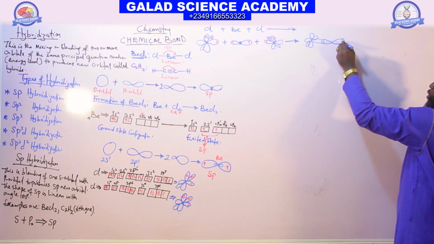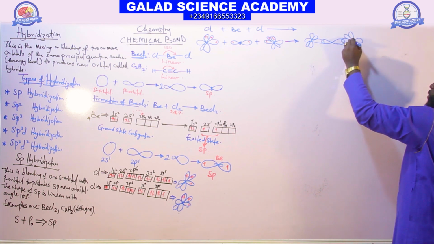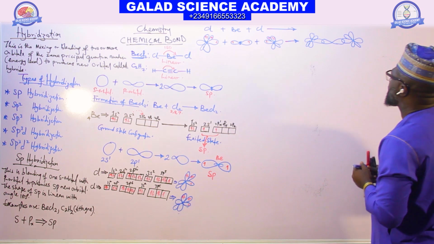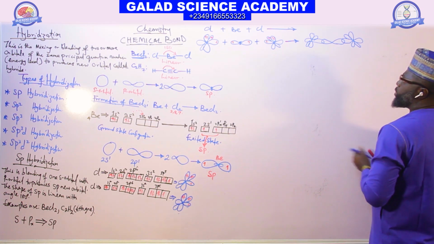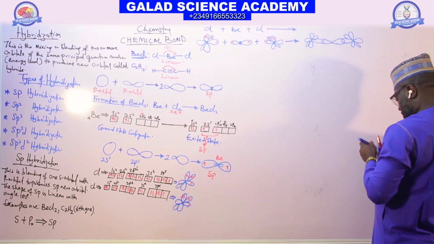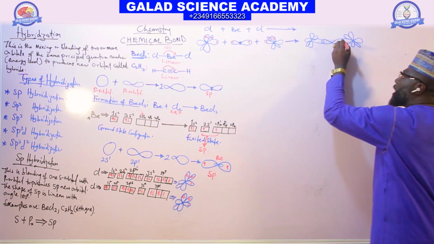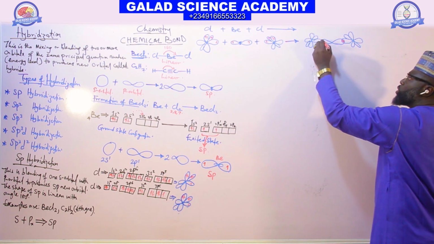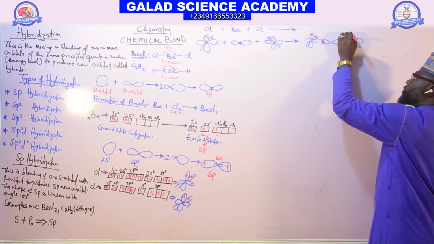And this also overlaps with this, and we have Y, we have X. So when they overlap, we have two electrons here, 1, 2, 1, 2, 1, 2, 1, 2, 1, 2.